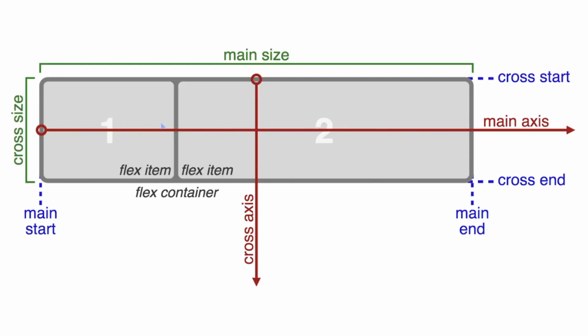But this diagram shows a row. And the different values for align items are pretty much the same as they are for justify content. You have the flex start, flex end, center, stretch, and baseline. So the stretch and baseline are the different ones. Stretch will stretch the items to fill the flex container, and baseline will align the items to their baselines.